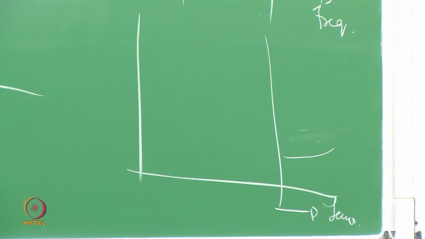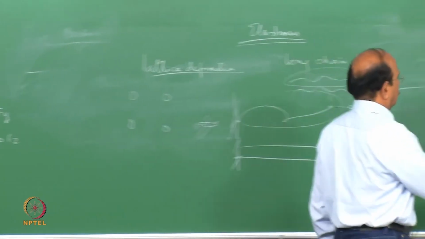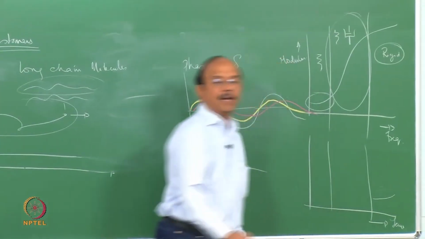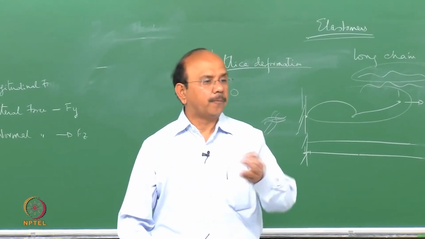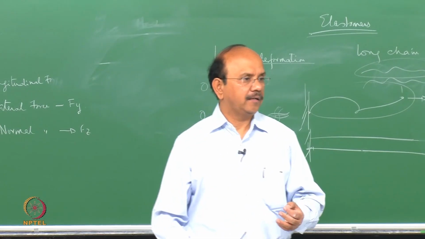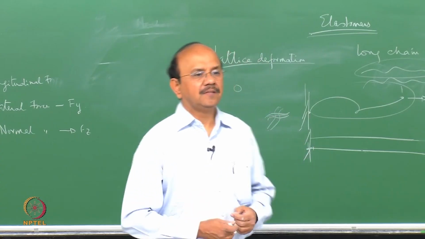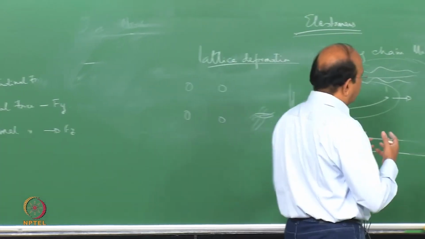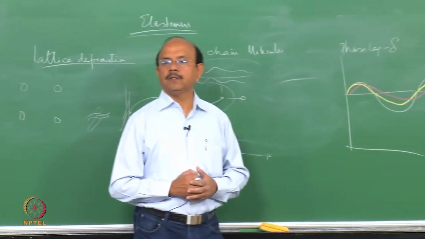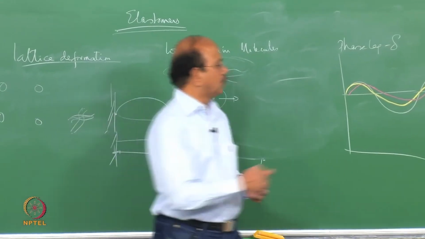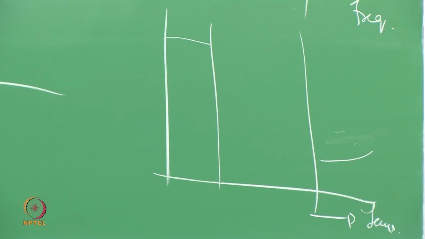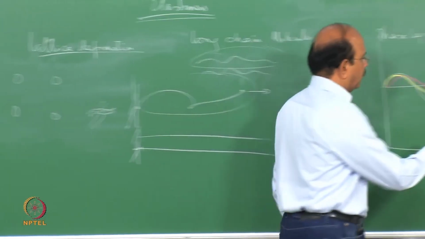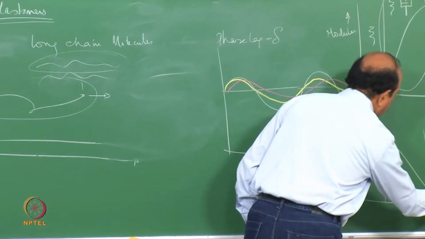At very low temperatures, what would happen? Just the opposite. The molecules are under difficulty to get back to their original position, so the modulus is high. At intermediate temperatures, the modulus is between the two.